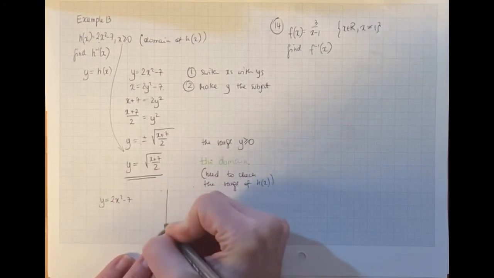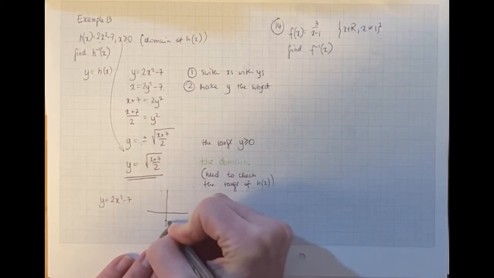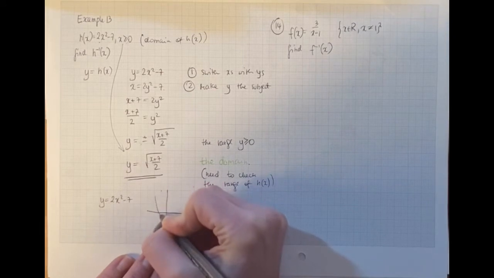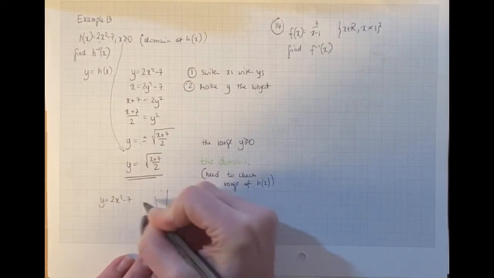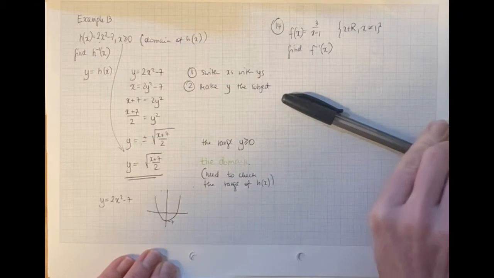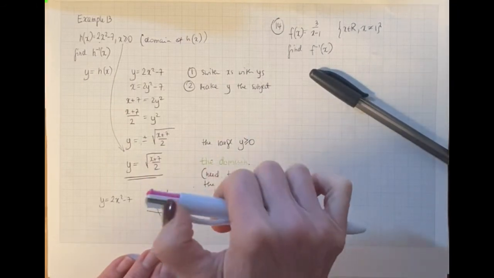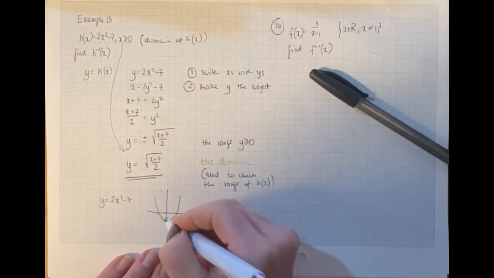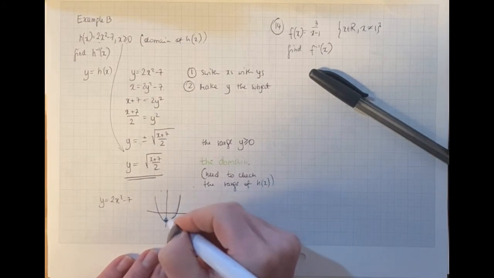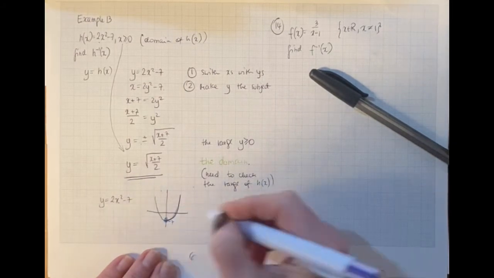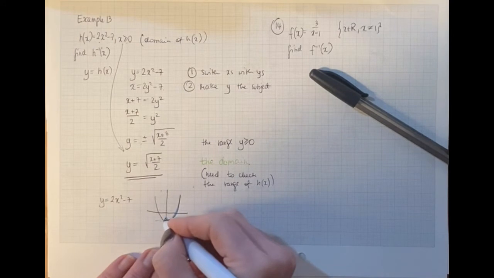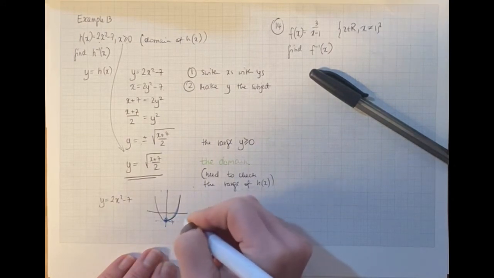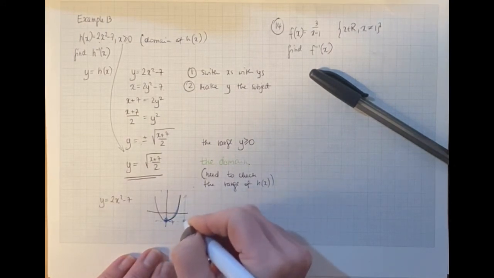So this is a quadratic function going through -7. It's a smiley face, but this one is defined for x is greater or equal to 0. So we only have this branch. Okay, so that tells me that the range is, the lowest value is -7, anything above -7.